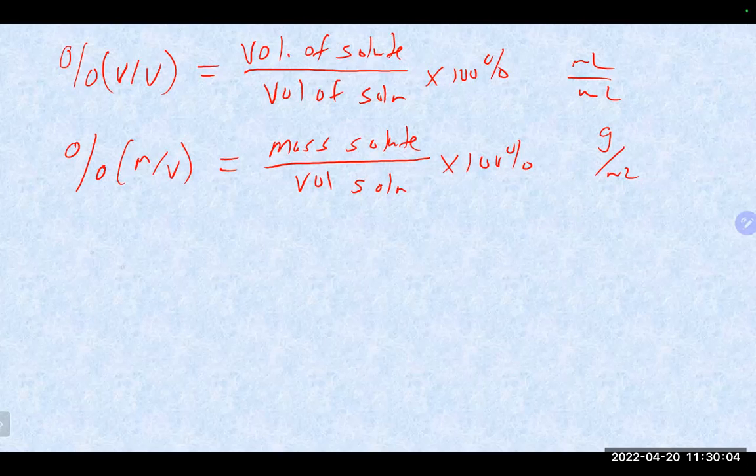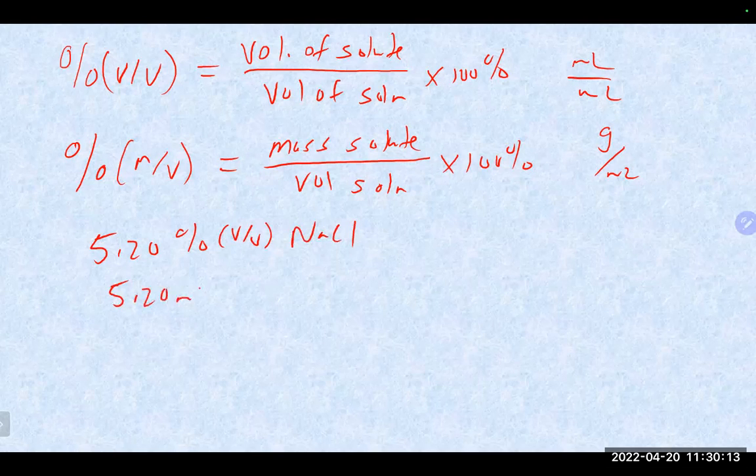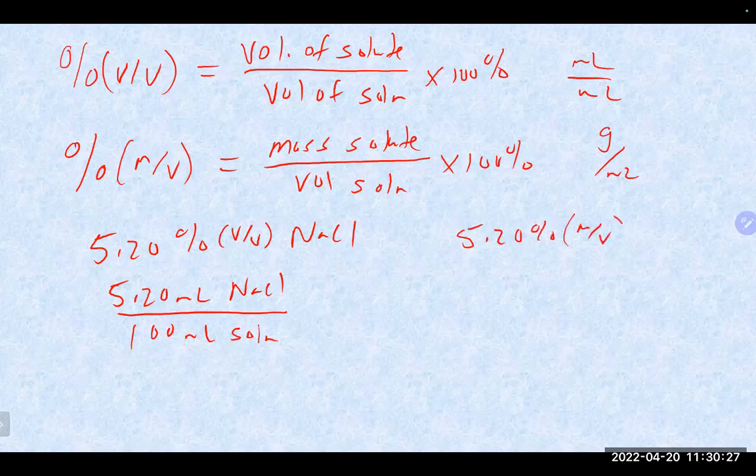You could also, if you had a 5.2% by volume sodium chloride solution, say that you had 5.2 milliliters of sodium chloride in 100 milliliters of solution. And you could obviously flip it as well if you needed. And if you had 5.2% mass to volume of sodium chloride, that would mean you would have 5.2 grams of sodium chloride over 100 milliliters of solution.